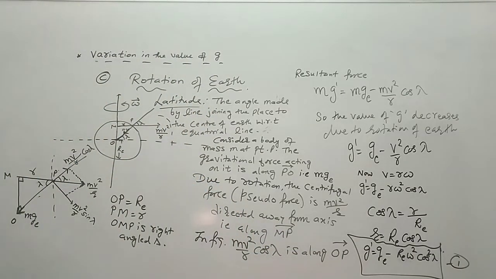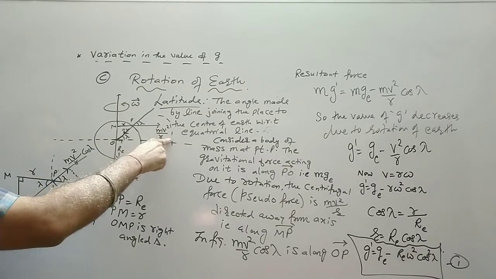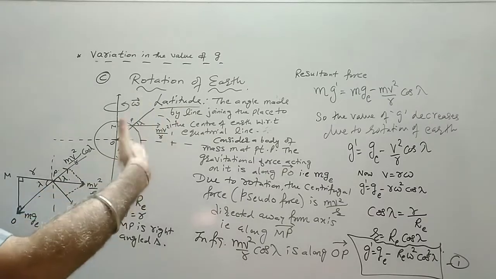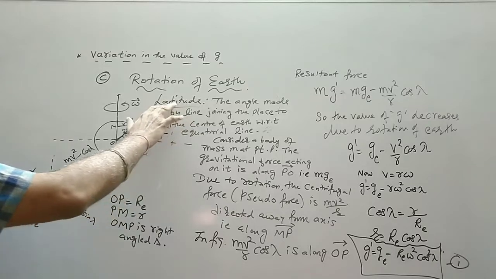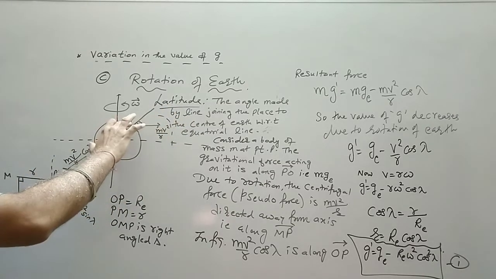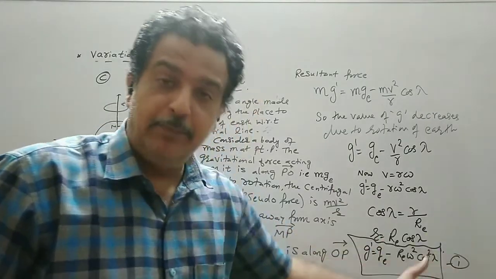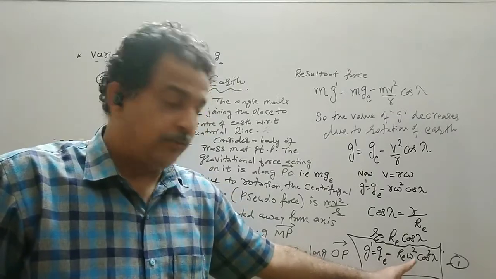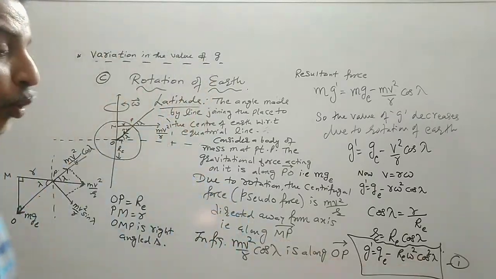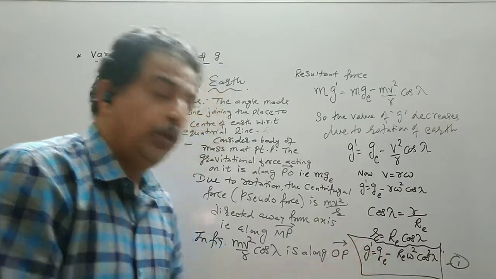Because we have omega and a centrifugal force, the value of g changes, and indirectly we have considered the latitude also. So even if the latitude changes, the value of g will change, and at the same time it changes because the earth is rotating with the angular velocity omega. So if the earth stops rotating, then the value of g dash is equal to g_e.